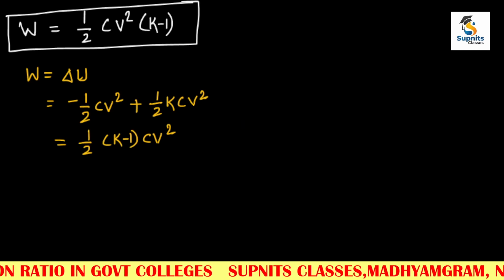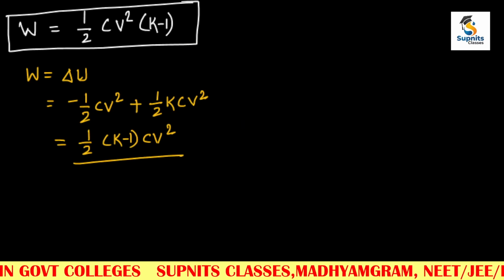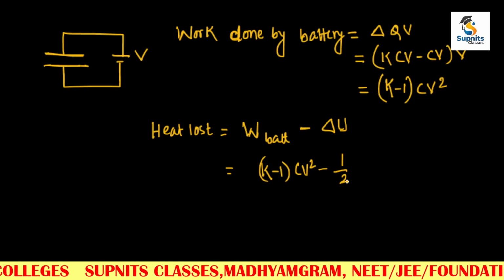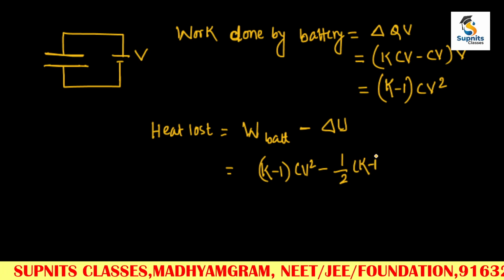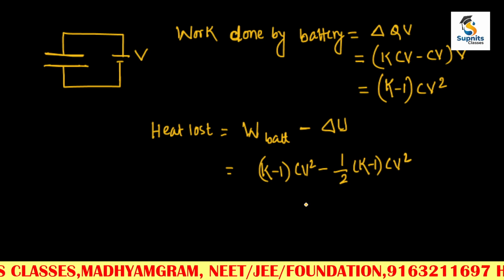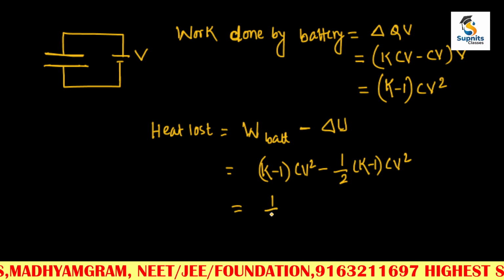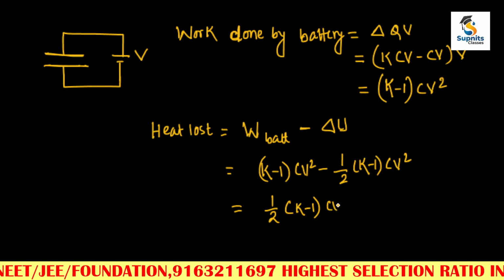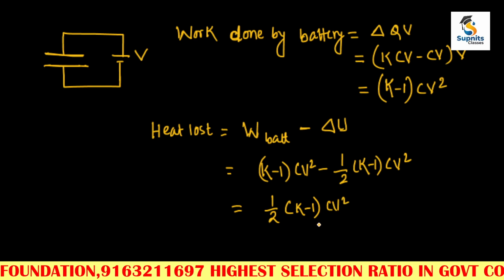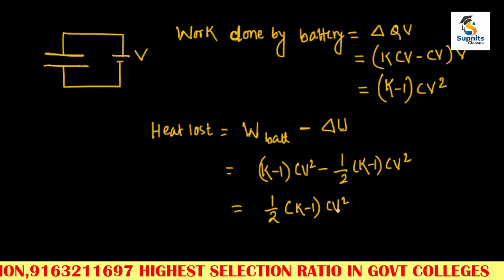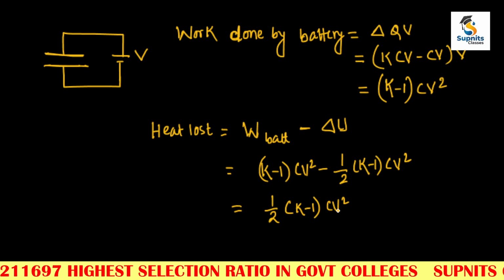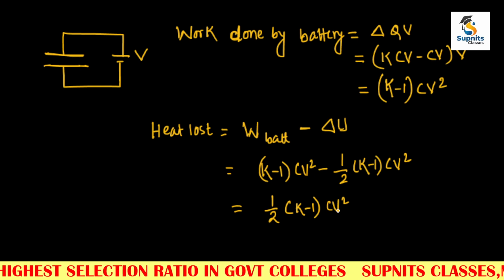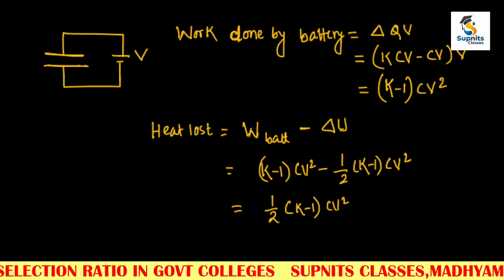We have already found out this one. So half K minus 1 CV square. So this will be at the end of the day half K minus 1 CV square. Okay, this is when the dielectric is inside the capacitor.